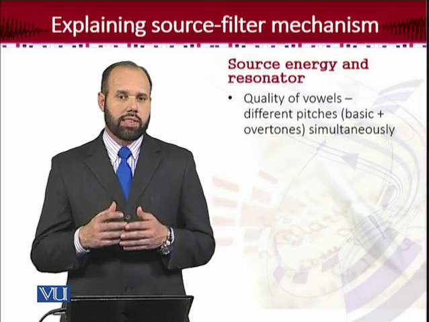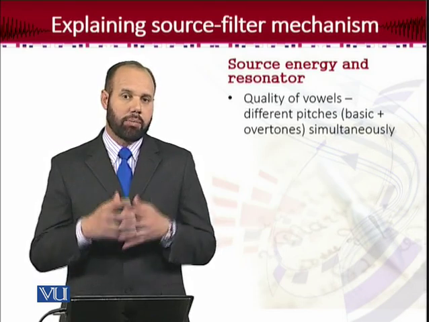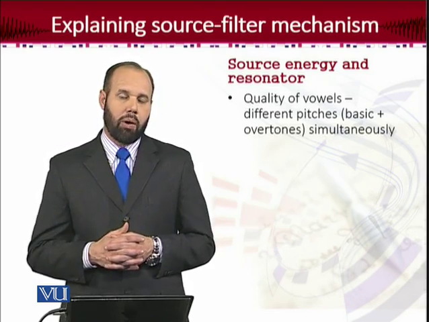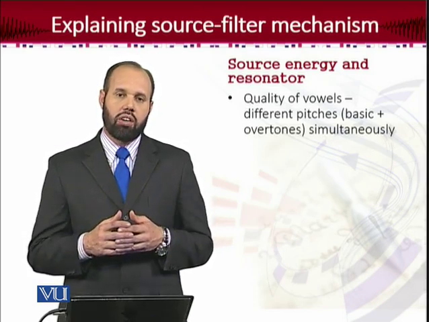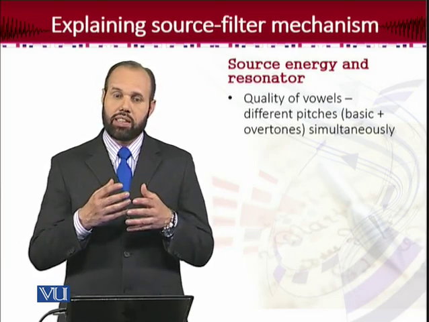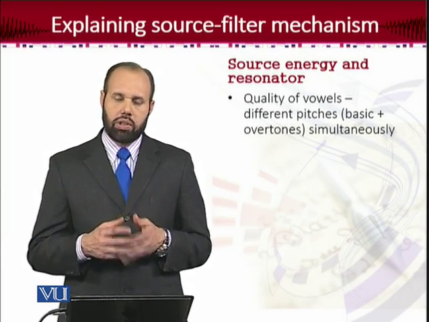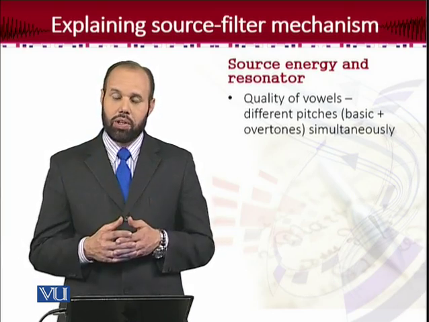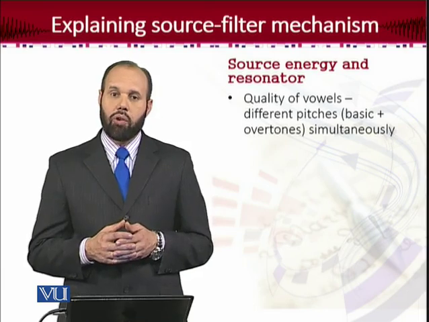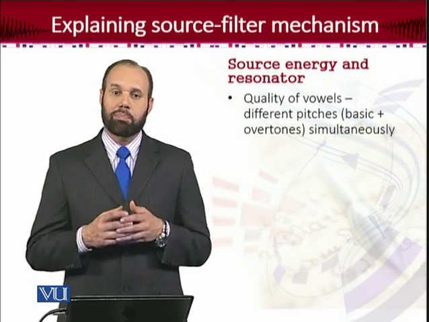While discussing vowels earlier in this course, we talked about the quality of vowels. You might remember that point, that how we discussed about the quality, that the quality of vowel is different. And vowel is basically a complex sound, right? So what happens is that while producing a vowel sound, we are simultaneously producing various pitches, right?